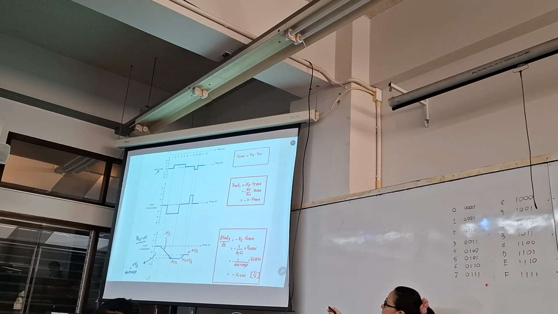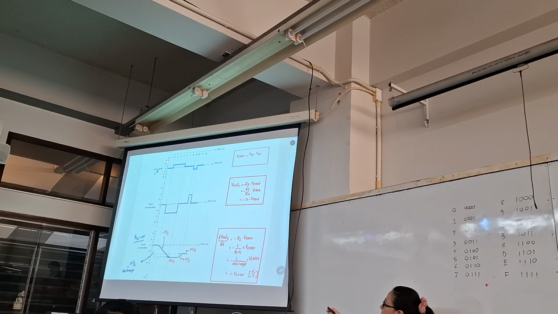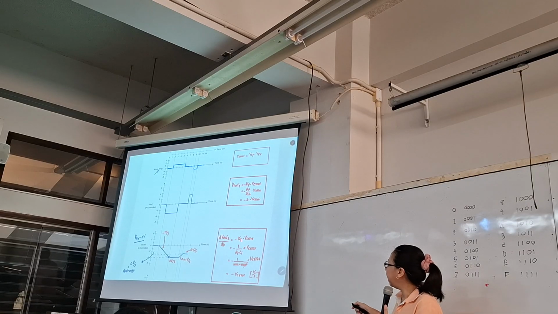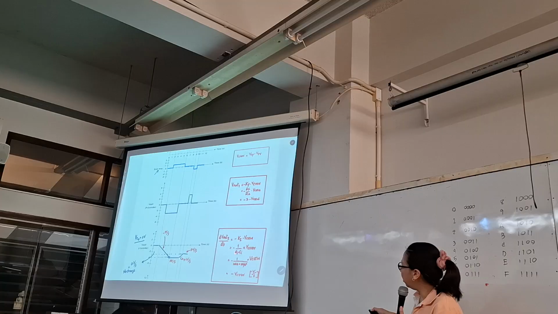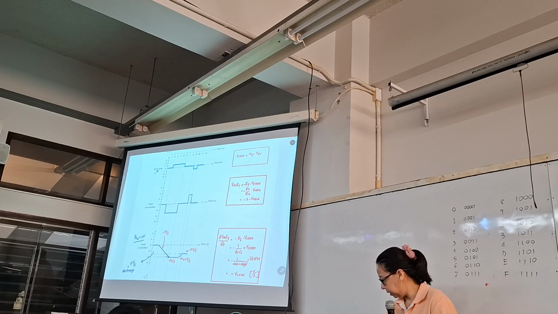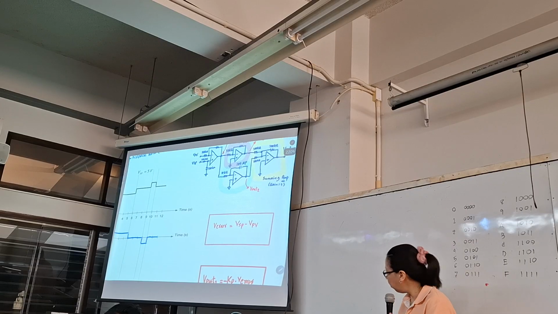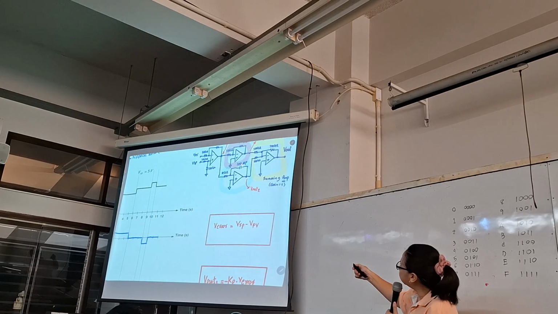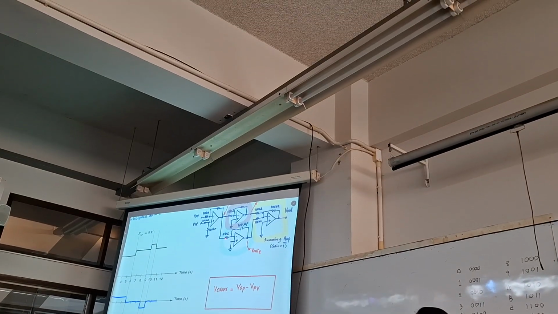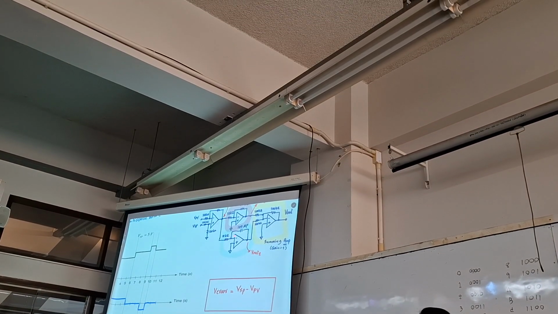You have to use the information of V error to analyze the response at the output of the integrator. What is Ki? Ki is equal to 1 over Ri and Ci. You have to go to the circuit to see the values of Ci and Ri. In this case, I define 10 kilo ohm and 100 microfarads.